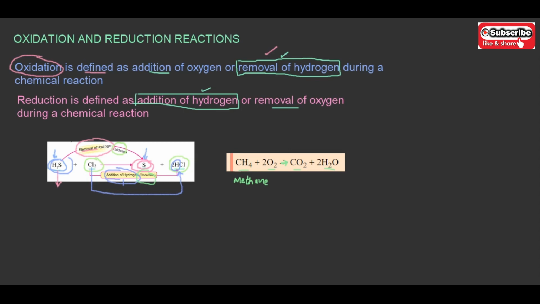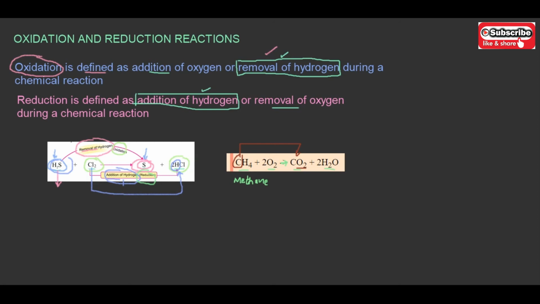As you can see, on the reactant side this carbon atom is bonded to hydrogen atoms. But on the product side this carbon atom is bonded to oxygen atoms. So what does this mean? This means that this carbon atom has gained oxygen, or oxygen atoms are being added.